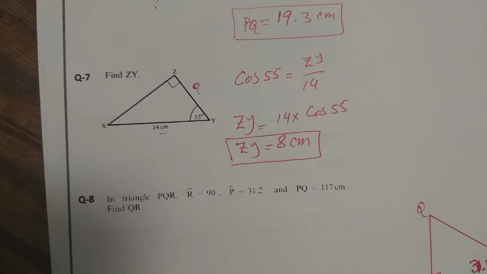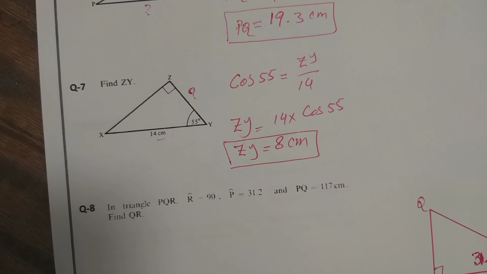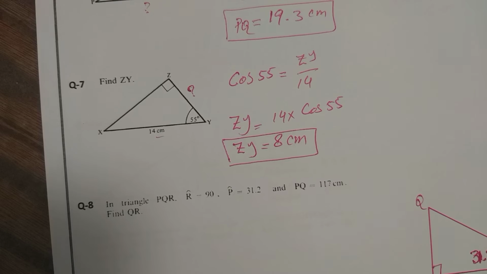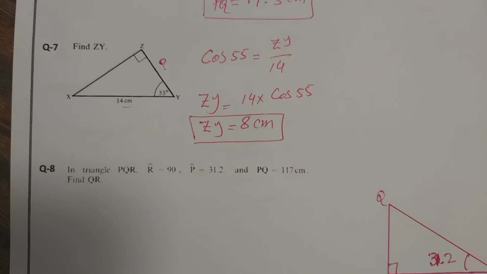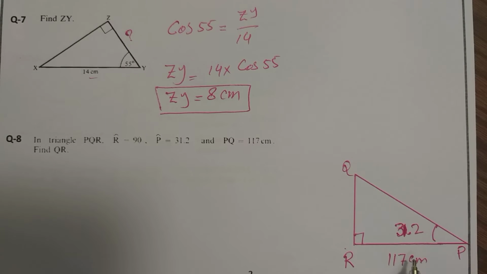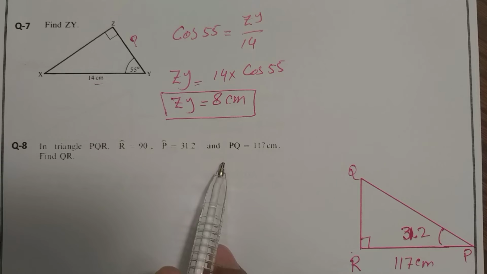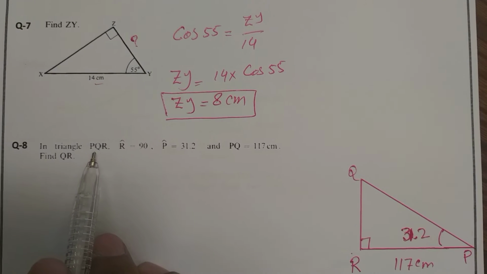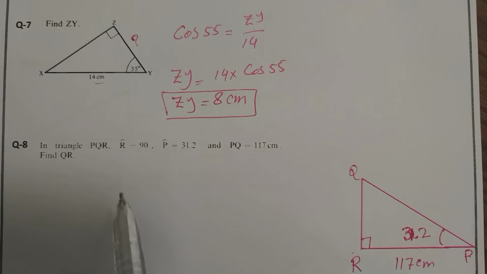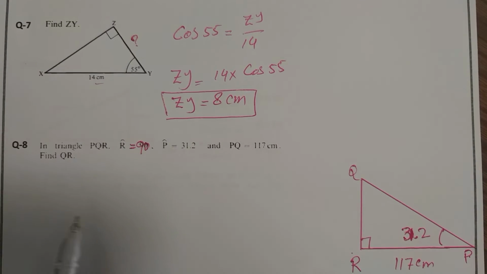Okay, question number 8 on page 2 from the book STP Mathematics 3A, chapter 18, Trigonometry. Here again, I made a rough sketch of the triangle. It's up to you, either you can go for the rough sketch or not, or if you understand the question directly, you can do it directly, as we are given the triangle PQR. And again, always try to find out which angle is 90 degrees.